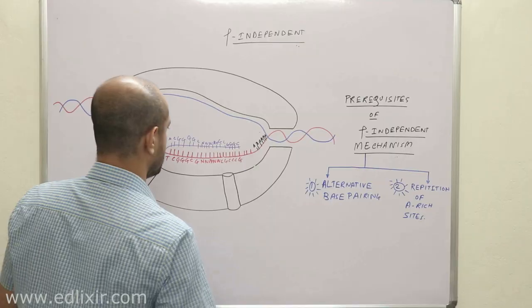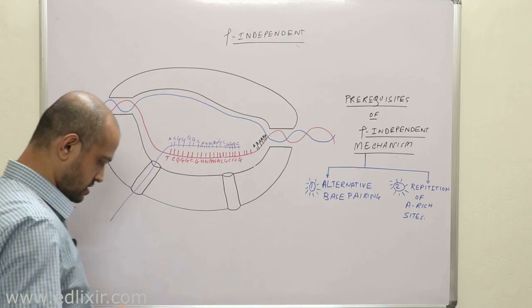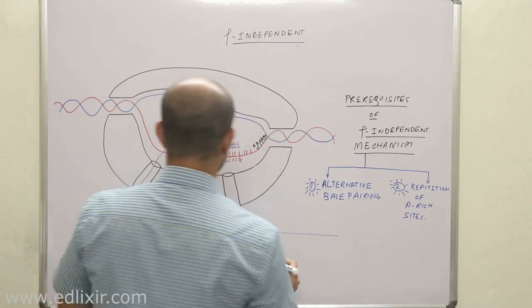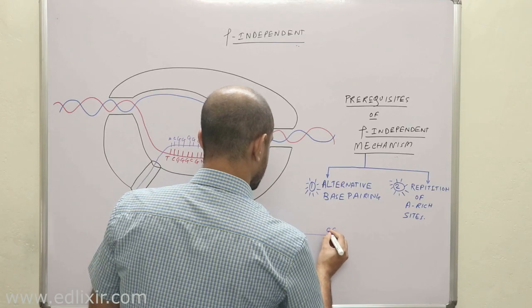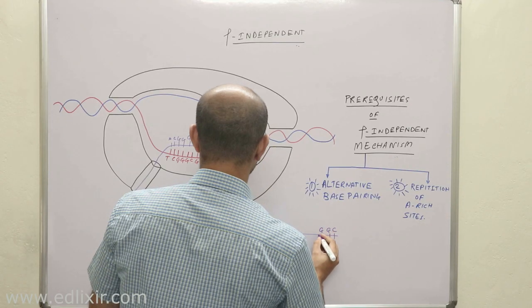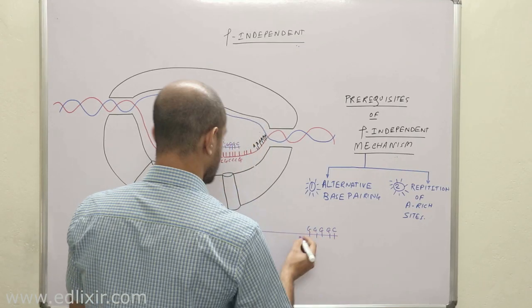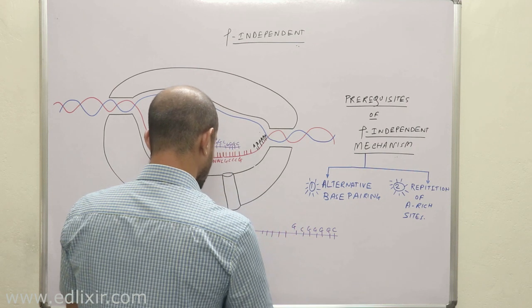Now listen with all your attention. Now if I can draw the transcript here, you will understand. Suppose this is your transcript. So we have got C, G, G, G, G. There are 3 G's and C and G. Then after there are nucleotides again.